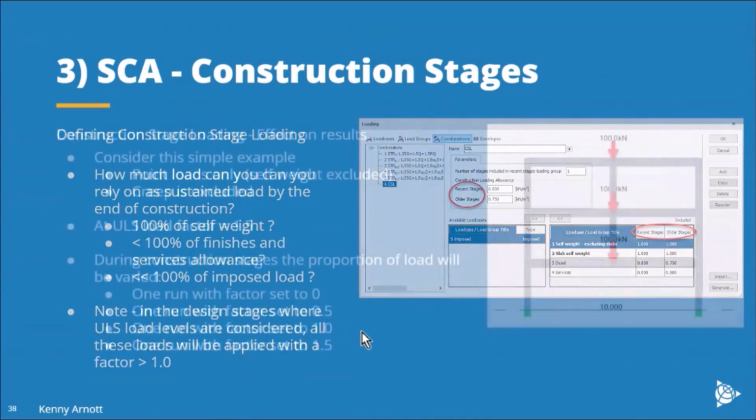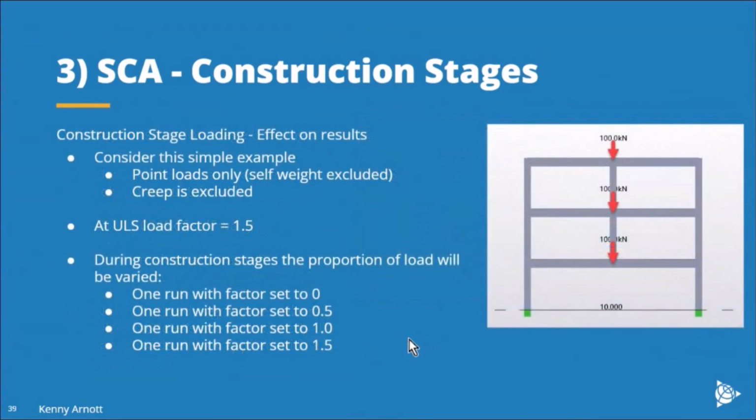And what I'll do now is move on to showing what sort of level of difference that makes. So imagine, again, I'll go back to this very simple model, the 3 beams all the same size. I've got a single point load, nothing else going on at each floor level.